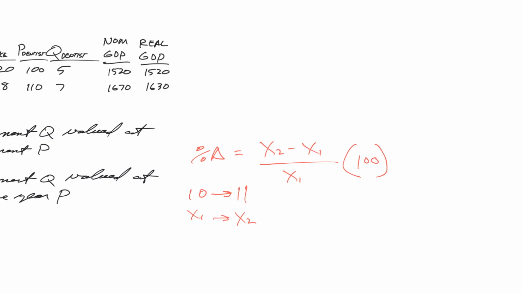Well, let's plug it in. So that would be 11 minus 10. That's the absolute change. I mean, it changed by 1. Prices went up by 1, 11 minus 10. But we want to know that change as a proportion of where we started. Well, we started at 10.